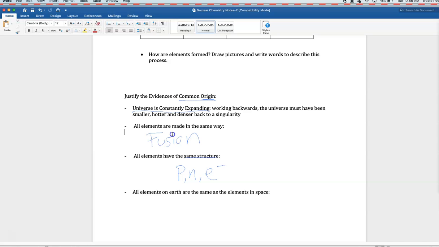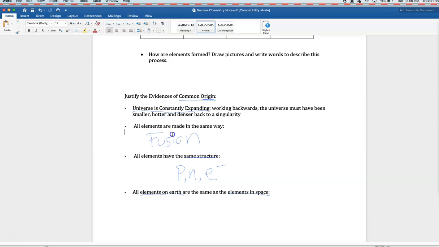And then finally, one of the final ones that we're going to talk about: all elements on Earth are the same as the elements in space. Okay? What that means is that when you look on Earth, you find elements. We have carbon, we have nitrogen, we have oxygen, we have all these different elements.